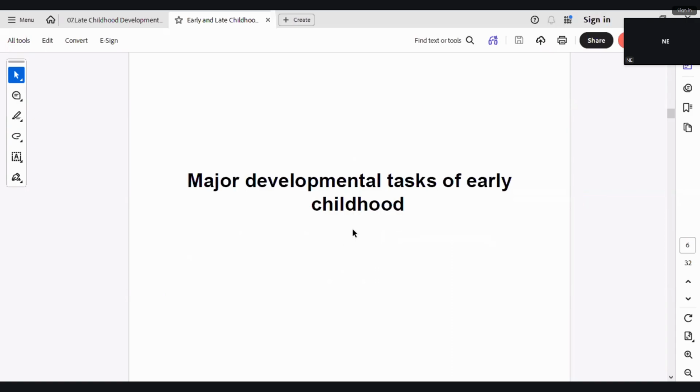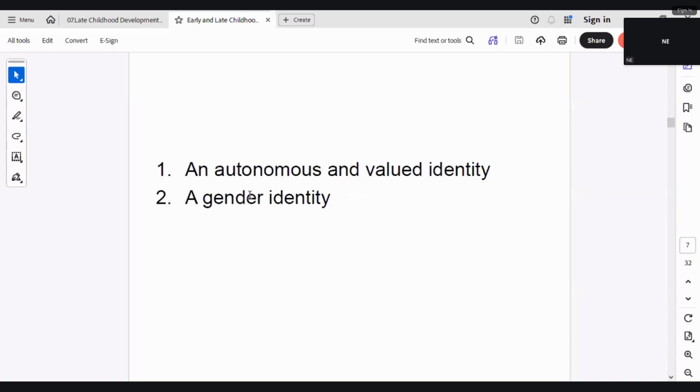So what are the major developmental tasks of early childhood? Kids from age 3 to 6 would have developed a gender identity. By age 3, they would know if they're a girl or a boy. With gender identity comes gender role, which is a different thing. I identify as a boy or as a girl, and then what is the role of a girl, the role of a boy, and how do I identify within that?